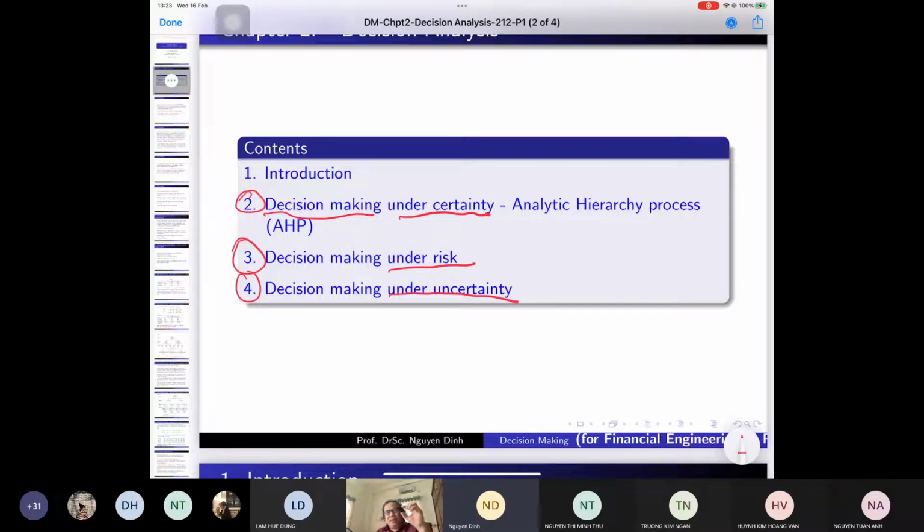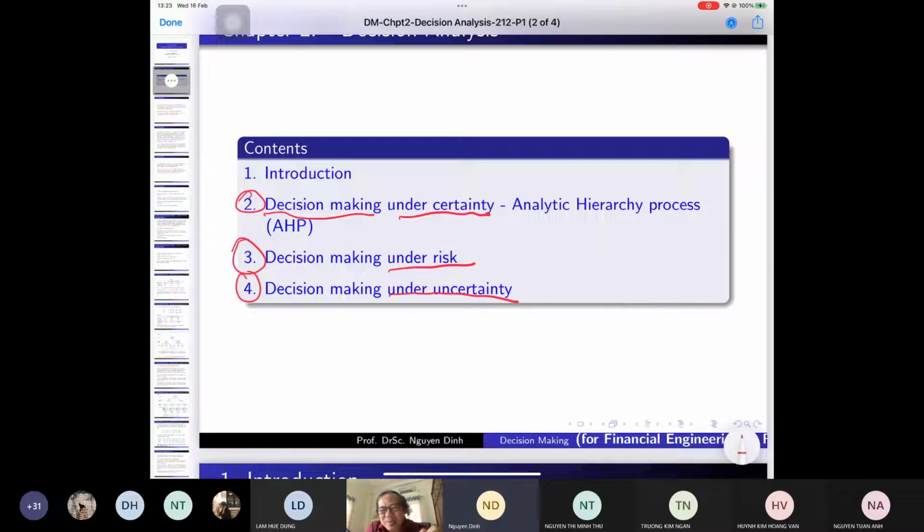That means we will consider the method to make a decision in 3 different circumstances. First, under certainty, everything is clear. Another is under risk. Something is not quite clear, but there is some probability distribution.